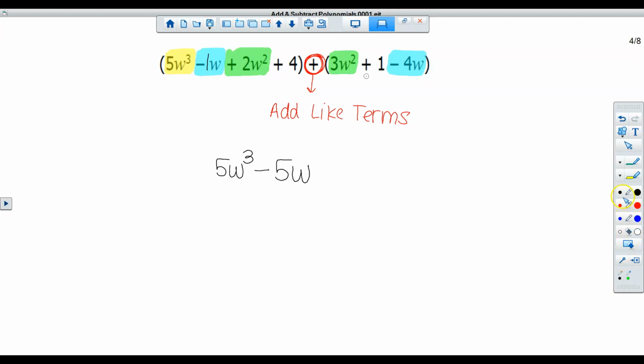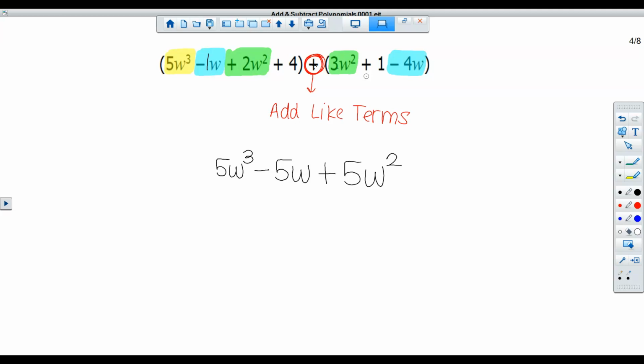So the two that I just highlighted are going to get added because of that addition sign. So we're going to do a positive 2 plus 3. That's positive 5. A lot of 5s in this problem. We had w squared as the ending for both of these, so we will have w squared as the ending for this term. So we reattach that ending.